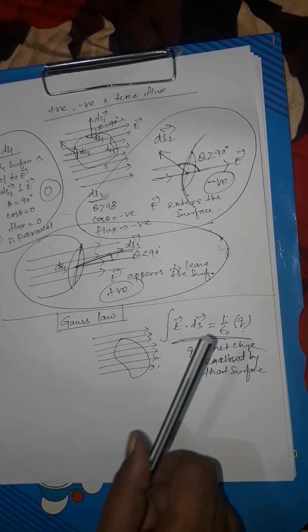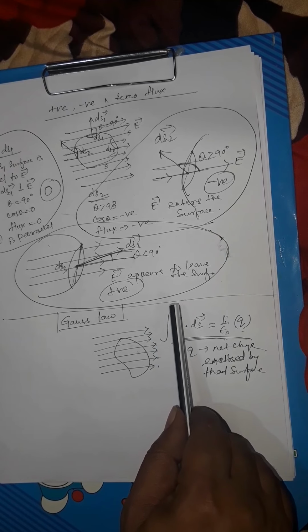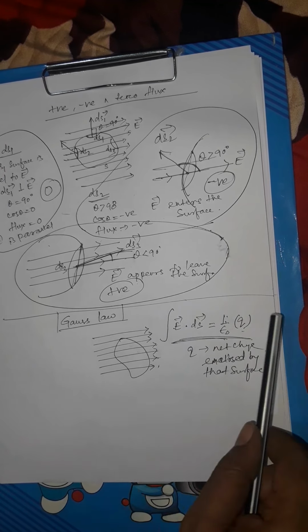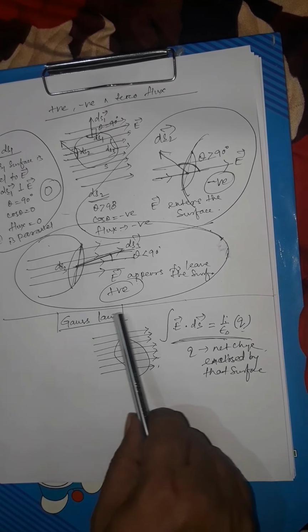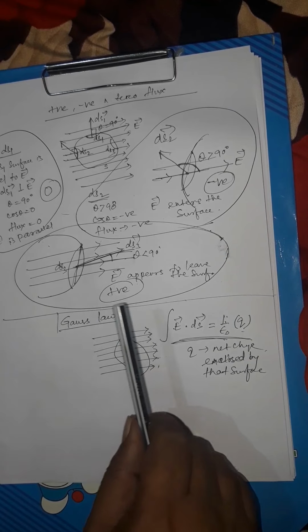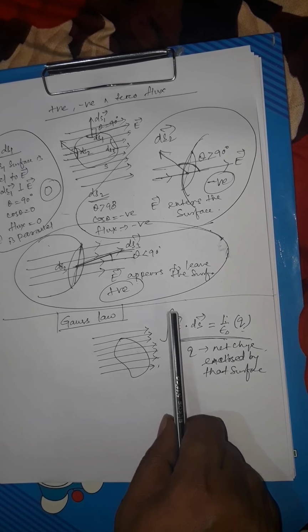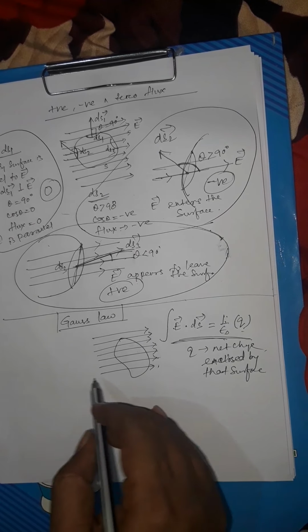And when you apply this Gauss law to determine the electric field due to a particular charge distribution, then you have to assume a Gaussian surface, meaning an imaginary surface. What is that imaginary surface? You have to choose it for that particular charge distribution through which the electric flux is to be calculated.